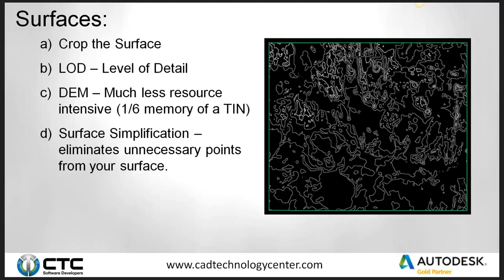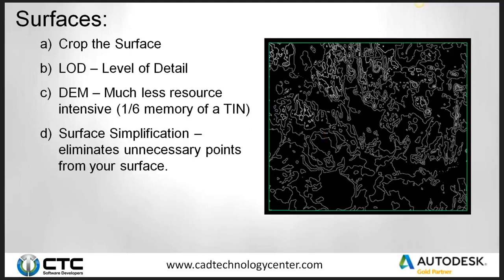Level of detail. For any of you that don't know level of detail, it will only display certain contours depending on what level you're zoomed in at. So right now, I may only be seeing the 10-foot contours for minor and the 50-foot contours for the majors for this 4 by 4 mile area.